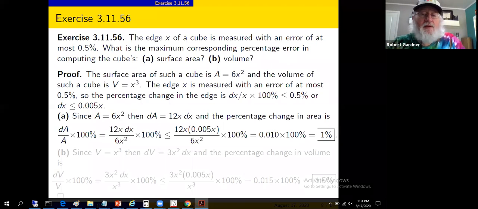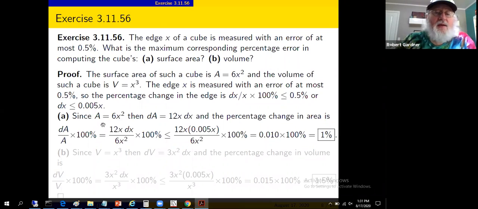So from A, we need dA. A is a function of x, 6x squared. So dA is the derivative, 12x, times the differential dx. The percentage change in area then is dA divided by A times 100%. Take the approximate change divided by the size of the function, multiply by 100% to make it a percentage.